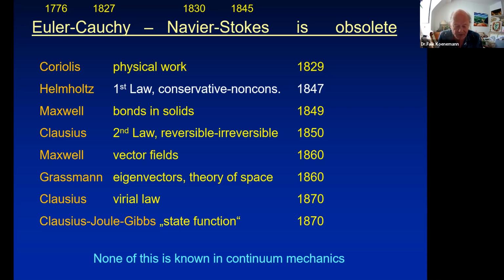They did not know the first law. They did not know about bonds in solids and so on. All this stuff we learn today in high school. But it is decades younger than the deformation theory. How can we think today about physics without the concept of work? What is a solid if you do not know about bonds?